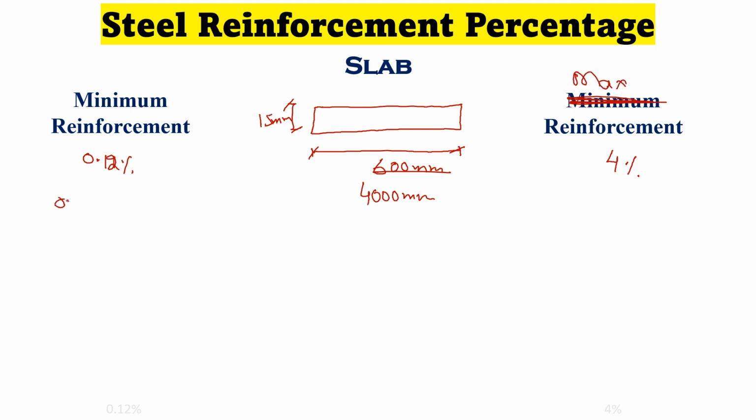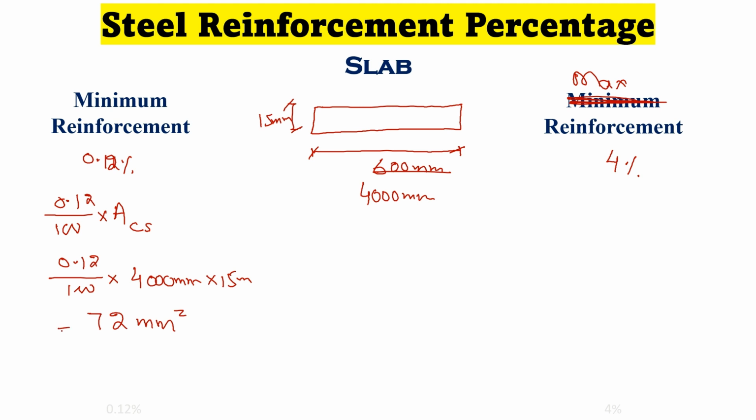It will be 0.12 divided by 100 times the area of cross section of slab. So 0.12 by 100 times 4,000, the length of the slab in millimeters, times 15 millimeter. So it will be 72 millimeter squares.